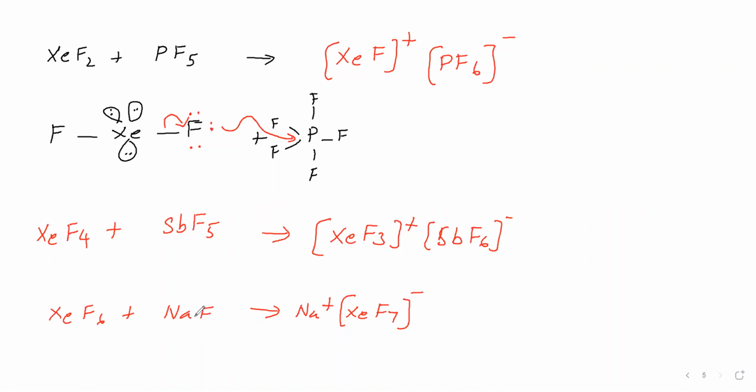So those which donate F minus, NaF, KF, RbF, cesium fluoride, alkali metal fluorides, are donating F minus. Xenon fluoride is accepting F minus, XeF6 accepts F minus and becomes XeF7 minus, and this Na plus we have written. Like this a complex is formed, we are saying.